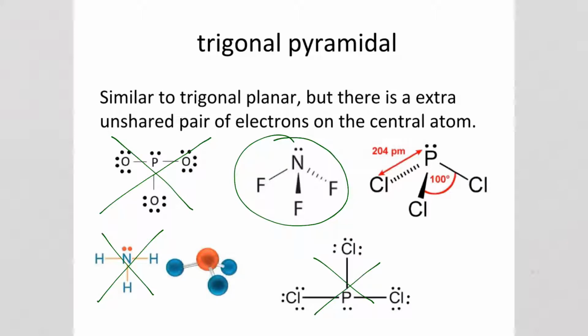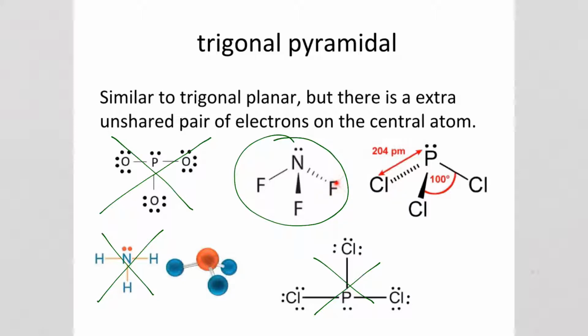The nitrogen and fluorine, shown with the line here, are in the same plane as any two would be. However, this fluorine right here is coming towards you in a three-dimensional way. This fluorine over here is pointed behind the nitrogen, so going backwards.